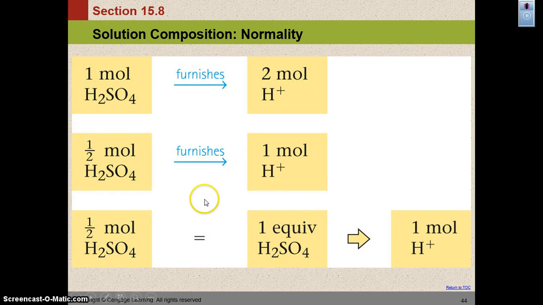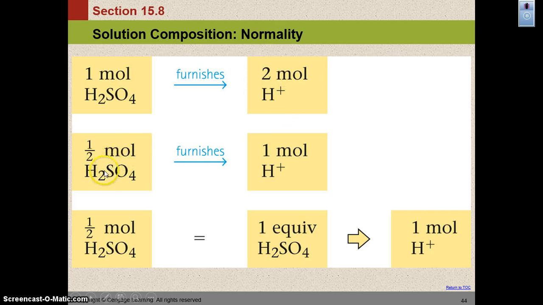Okay, let's take a look at this. H2SO4, sulfuric acid, has 2 moles of hydrogen for 1 mole of H2SO4. So when this ionizes and breaks into its ions in water, 1 mole of H2SO4 will give us 2 moles of hydrogen ions.